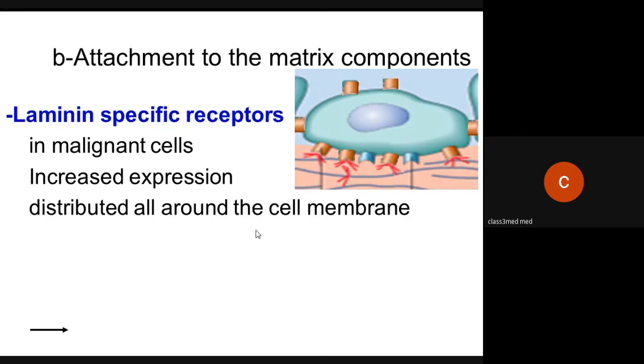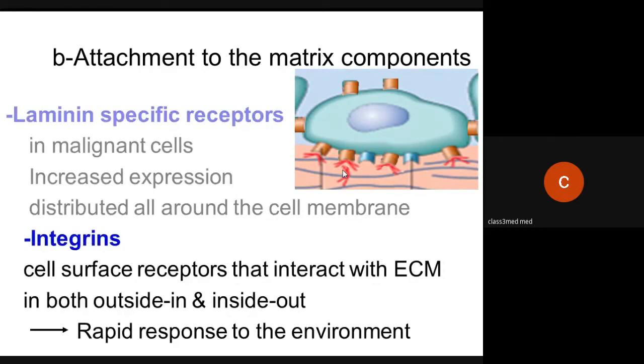So the tumor cell expresses more laminin-specific receptors. The brown color is the laminin receptor and the red color is the laminin, okay? There is activation and expression of the laminin receptor gene, so synthesis of laminin receptors all around the cell. This enables the cell to attach more to the basement membrane.